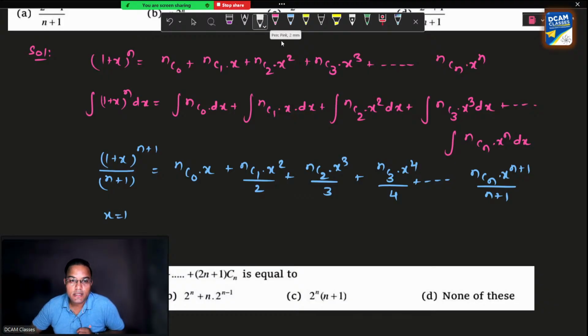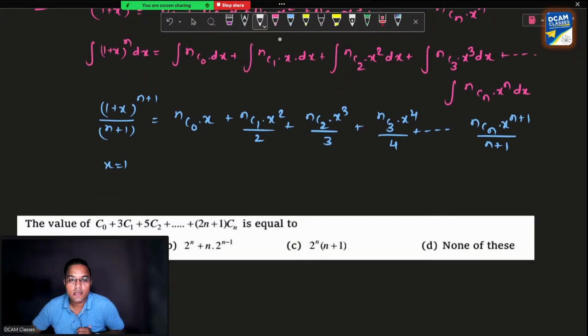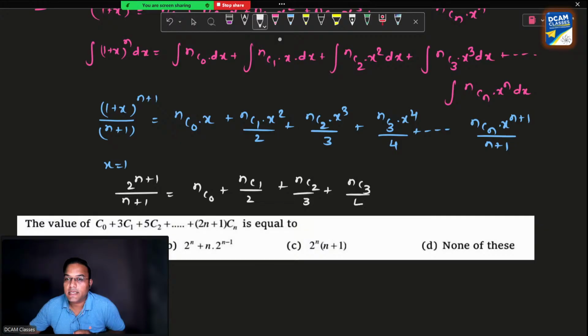then it will be 2 power n plus 1 by n plus 1 is equal to NC0 plus NC1 by 2 plus NC2 by 3 plus NC3 by 4 and so on. You are getting NCn by n plus 1.